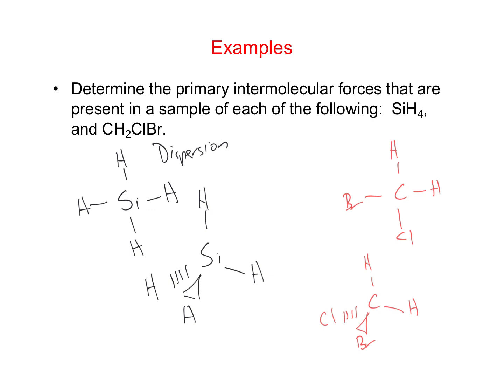Chlorine and bromine don't have the same electronegativity, so they're not going to cancel each other out. But even if they were both bromines or both chlorines, there's no way we're not going to end up with two more electronegative atoms on one side of the molecule and the two hydrogens on the other. So this molecule does have a dipole moment. The hydrogens are not connected to oxygen, nitrogen, or fluorine. So the strongest intermolecular force in that second molecule is going to be dipole-dipole.